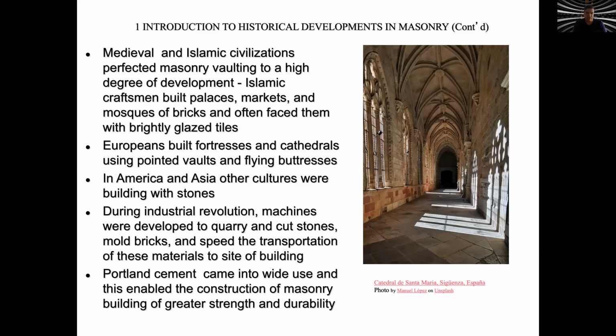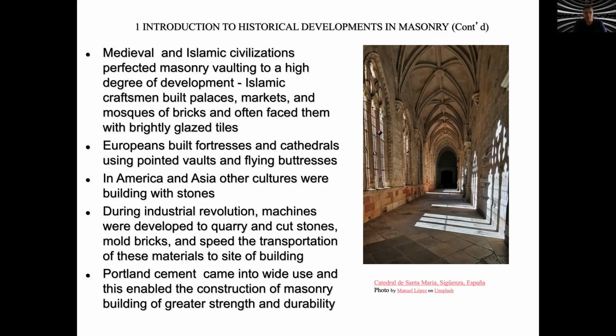The medieval and Islamic civilizations perfected Masonry and built wonderful buildings and palaces. Some of them are still in use in many countries, especially in the Middle East. They also used some very beautiful bright glazed styles.